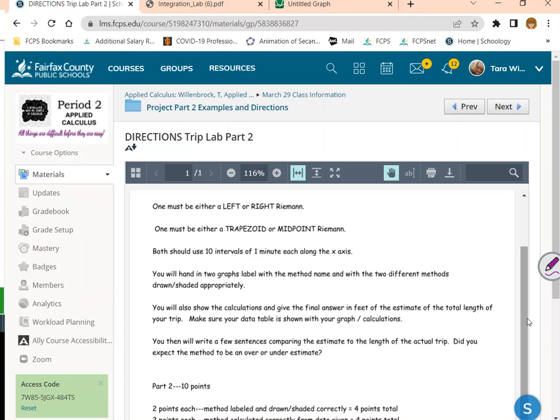Since we're going to have a consistent width, we can use a little bit of shortcuts for the calculation. My total number of feet and then divided by 5,280. So an estimate of how many miles. And then the same thing with my left Riemann.